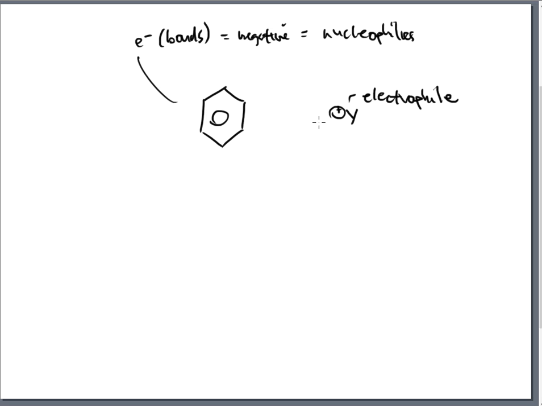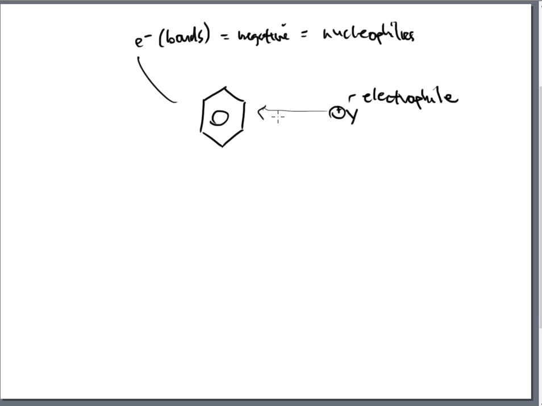The positive charge comes into the ring and it's attracted to that ring because that ring is a nucleophile. So the nucleophile and the electrophile react together in a substitution reaction to remove a hydrogen and replace that hydrogen with an incoming group. Whoa, that was a doozy, wasn't it? Big boy talk, big girl talk.